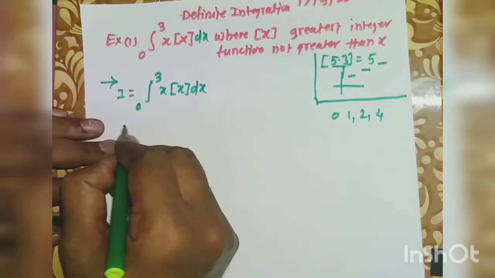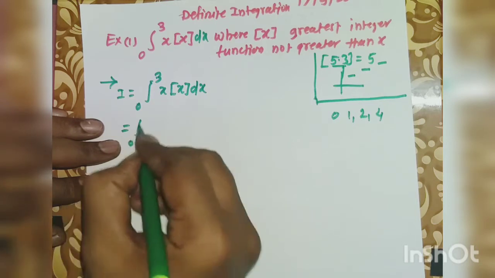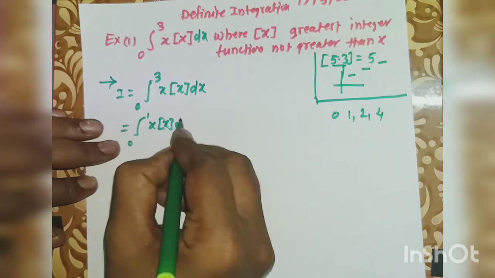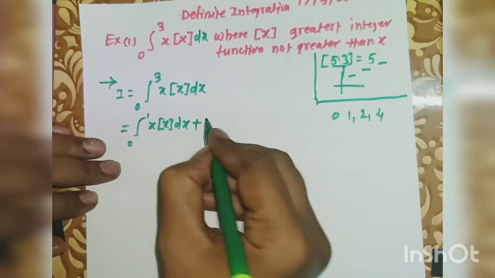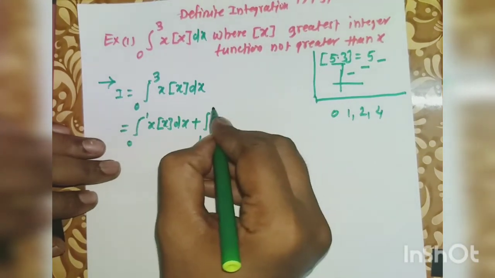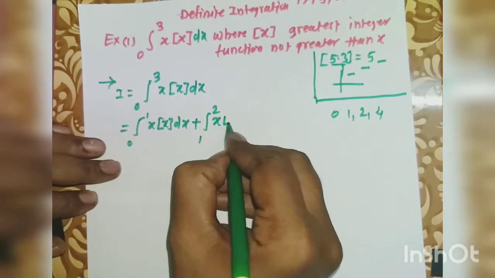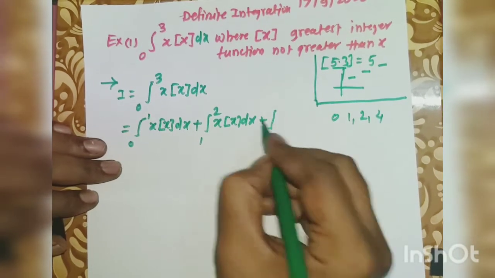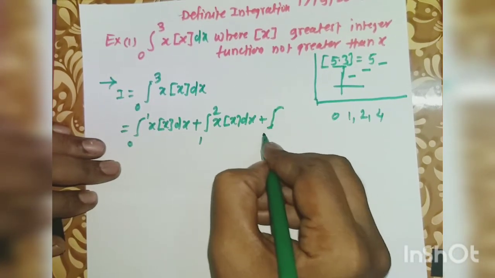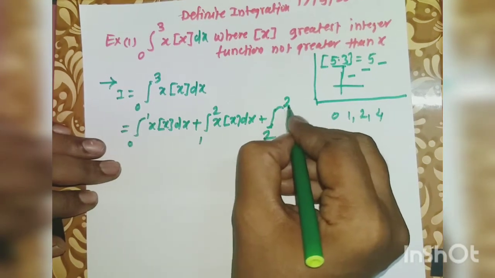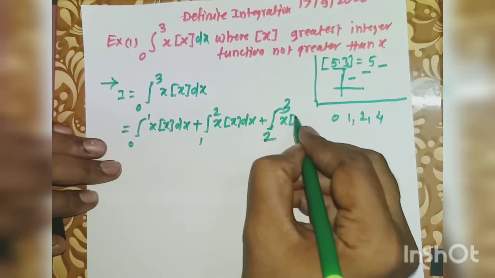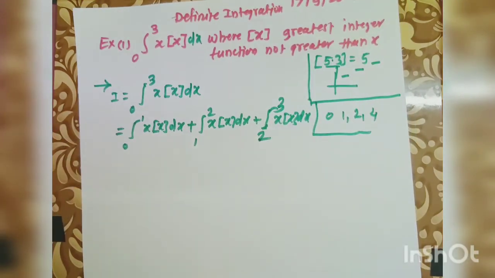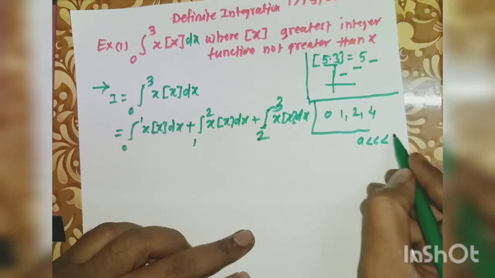Now split this in this way. First 0 to 1 x dx plus 1 to 2 x dx plus integration 2 to 3 x dx.